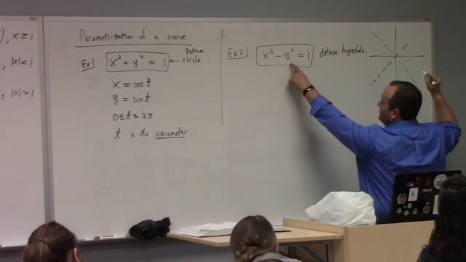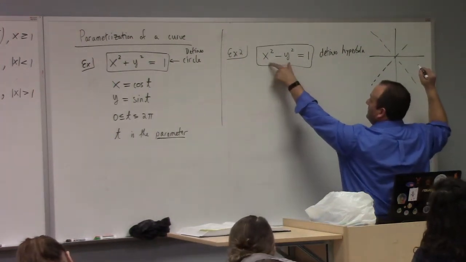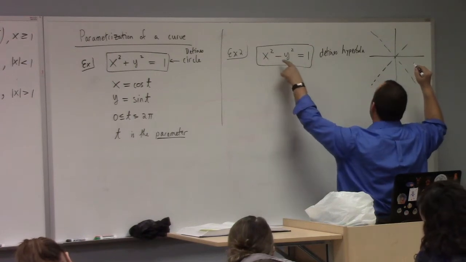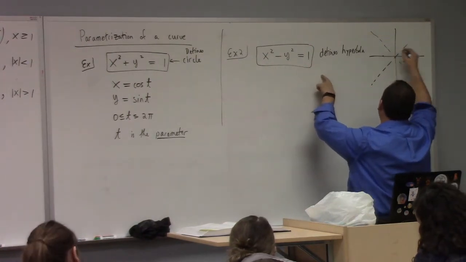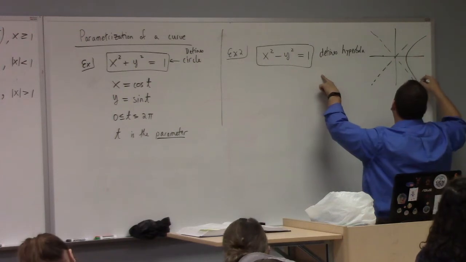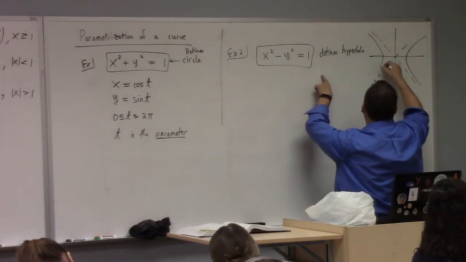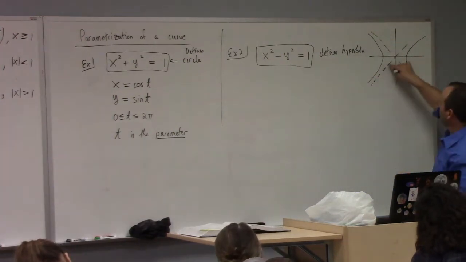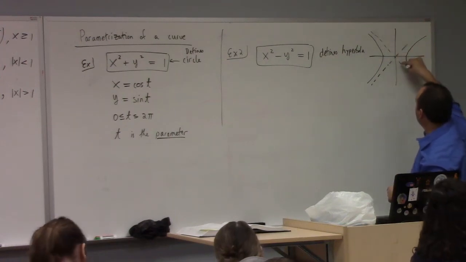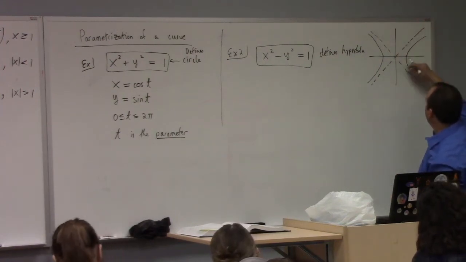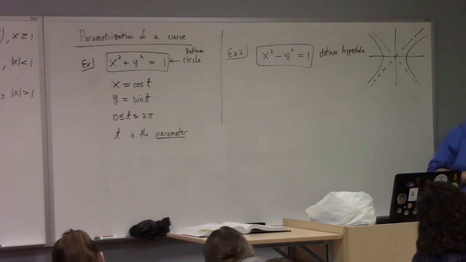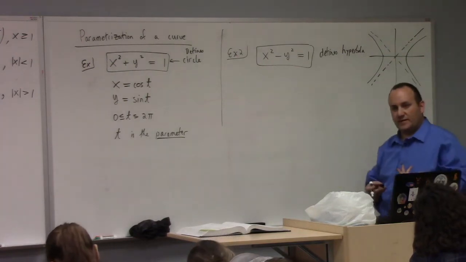If we put y equals 0, x squared is 1, so we get plus or minus 1. So this hyperbola actually opens sideways like that. These are the asymptotes. They're not actually part of the hyperbola. All right, hyperbola. Suppose I wanted to parameterize the hyperbola.